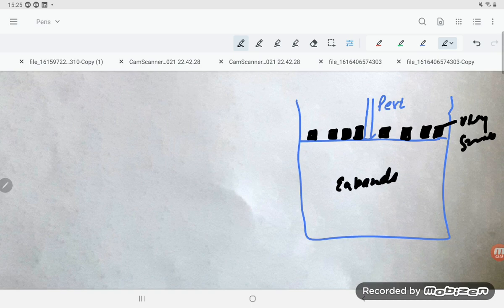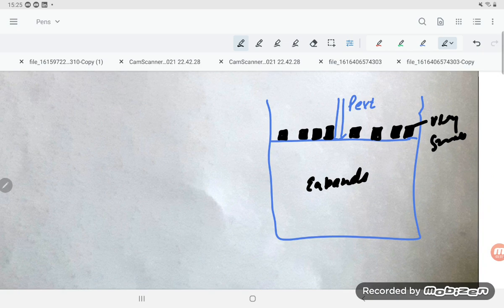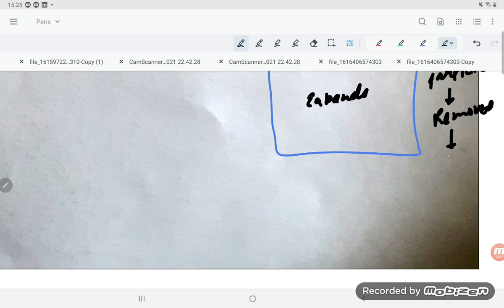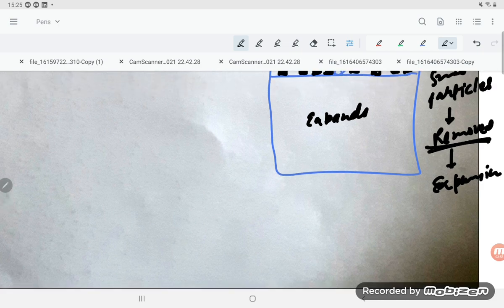If you remove very small particles, a very small volume will change. Expansion will occur and the volume will change, and we have to keep in mind how much the volume changes.